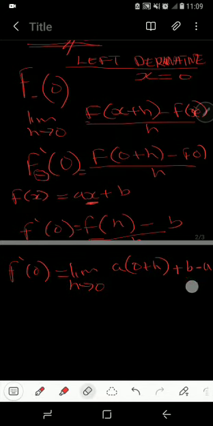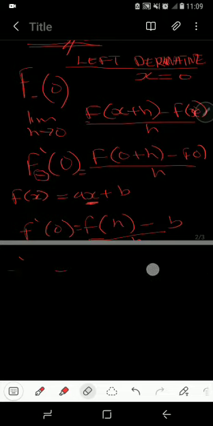Let me rub this, I don't have enough space.